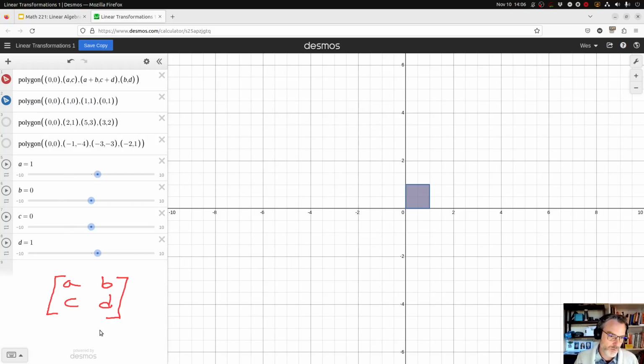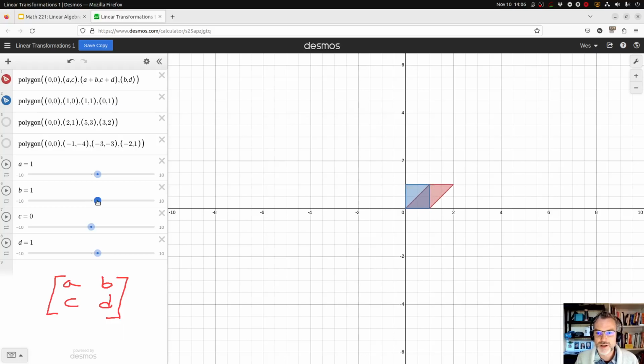Now let's play with D a bit, see what happens here. We get a vertical stretch, and sure enough, this negative vertical stretch. Now let's look at the two off terms. Let's start with B. If I increase B, see what happens.